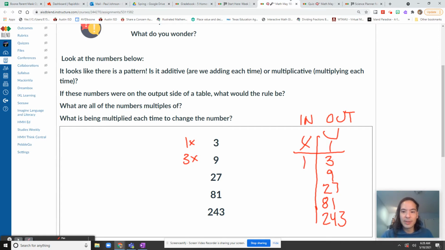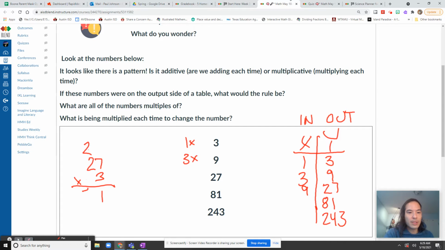Because 1 times 3 is 3. 3 times 3 is 9. What times 3 is 27? 9 times 3 is 27. And I think we're basically taking the previous number and multiplying it by 3.